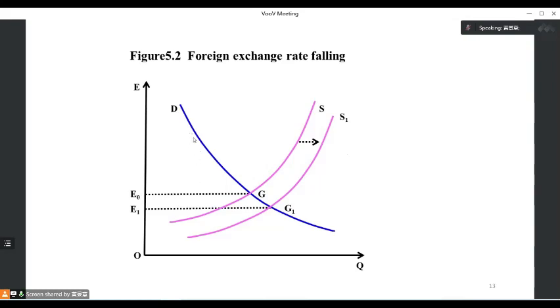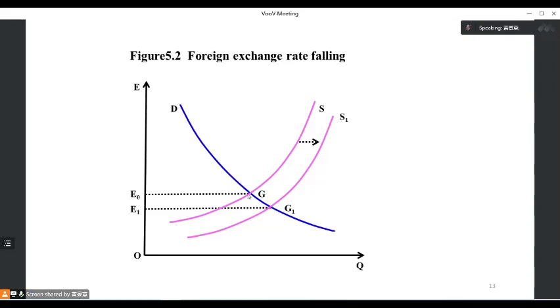In this figure, we can find the demand curve is not changed, and the supply of foreign currency S moves to the right to S1, which means the supply of foreign currency becomes more because foreign exchange income is more than foreign exchange expenditure.